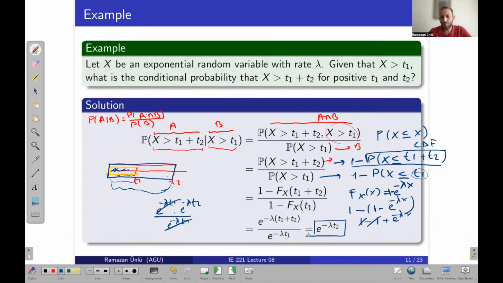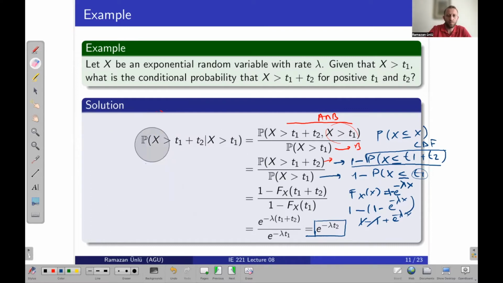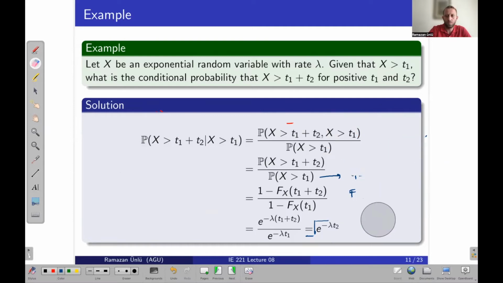Okay. So there is something important in this example. Let me clear the page, and let me draw the interval again to make it more clear.